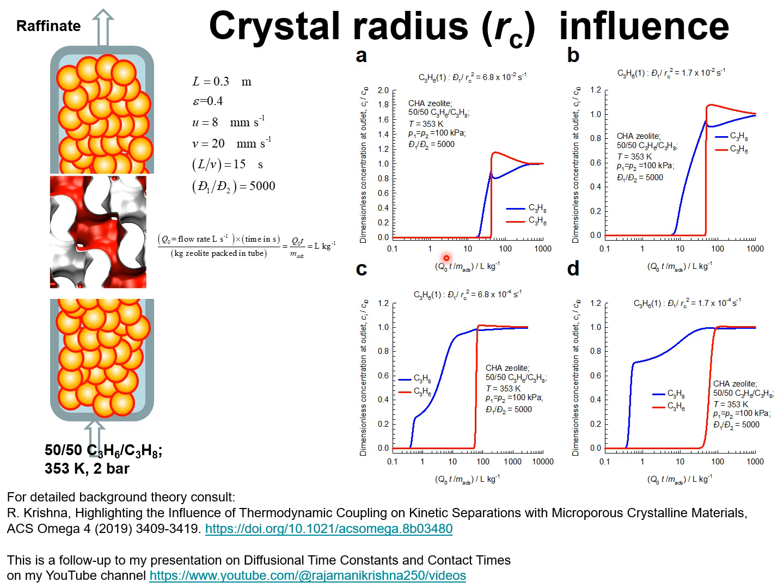We note that with increasing diffusional resistances, the breakthrough of the saturated alkane C3H8, plotted in blue, occurs progressively at earlier times, and the time interval between the breakthroughs of propane and propene is larger.